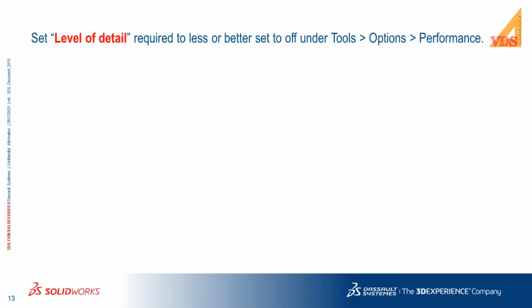The next one is similar to this option. It's called level of detail. Basically it's related to models where you have complex detail or too much detail. When you have the option set to a higher level, more graphics is being consumed to show those details. Again, unless you have a requirement to show a very high level of detail, it's always good to keep this option on the lower side or off.